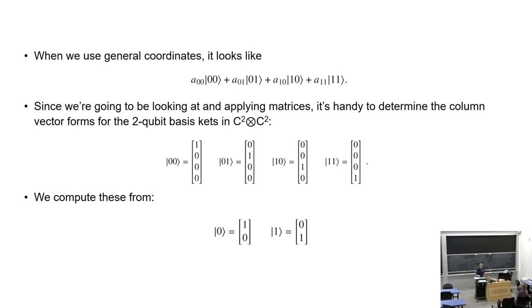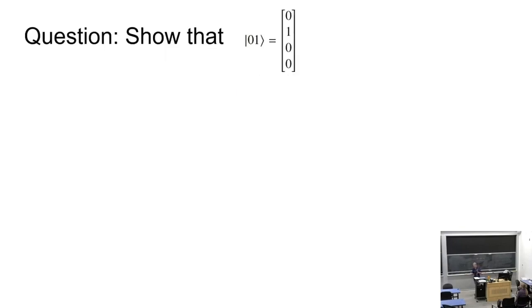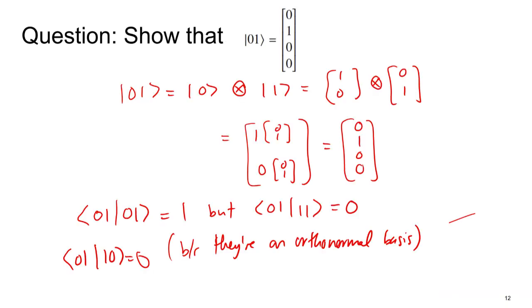And I guess it would be useful to look at the math to do that. So just take a second and think about how to compute this standard 4 entry column vector from the standard 2 entry column vectors for our starting qubits. All right, so that's what we're doing.